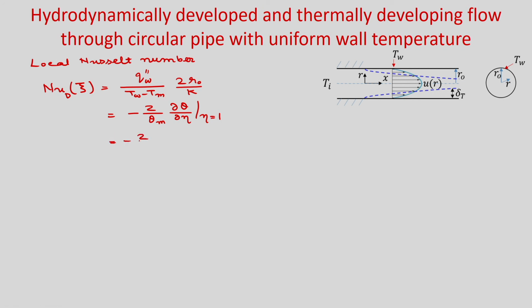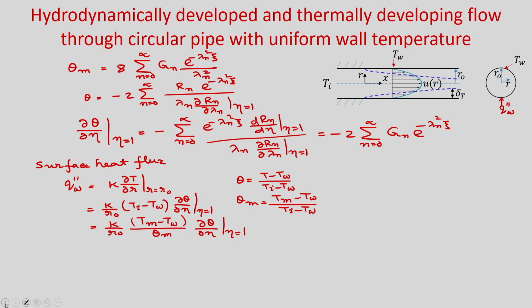So, now del theta by del eta at eta is equal to 1 we have already found. So, if you put it, you will get minus 2 by theta m, in the numerator you will have minus 2 sum n is equal to 0 to infinity g n e to the power minus lambda n square xi, and in the denominator sum n is equal to 0 to infinity g n e to the power minus lambda n square xi divided by lambda n square. Okay.